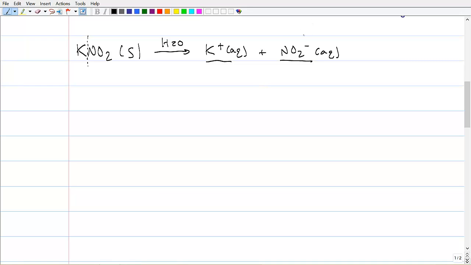All right. Well, the NO2 minus, though, is not from a strong acid. Its parent is HNO2, and HNO2 is not strong. That happens to be a weak acid with an equilibrium constant, I think, of about 10 to the minus fourth. Still, it's weak. And we know that because it's weak, this NO2 minus will then have to react with water and try to form its parent.